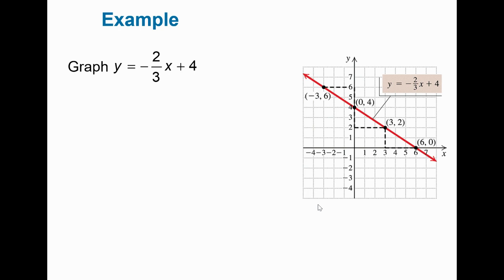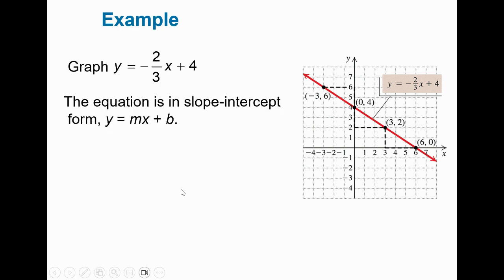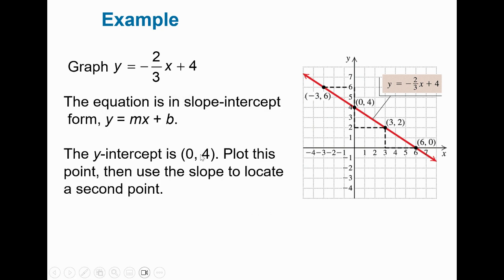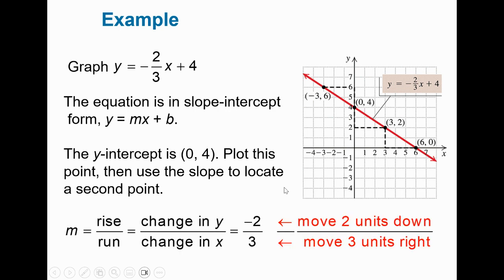Now, to graph this, we could use the calculator. But when we know the y-intercept and the slope, we can figure this out. This equation is in the right format. There's my y-intercept right there, 0, 4. If I plot that, we know the slope is negative 2/3.